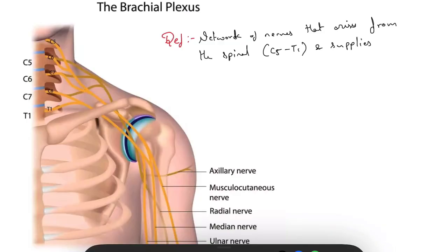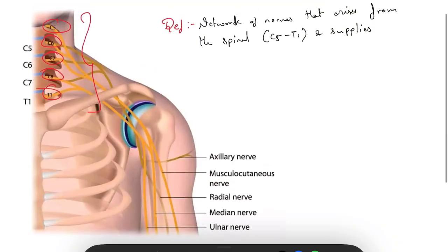If you look at this image, this is the cervical spinal cord. You can see some nerves coming out of it. C5, C6, C7, C8, T1, these 5 nerves we call the brachial plexus. Next, what is the main function of the brachial plexus?